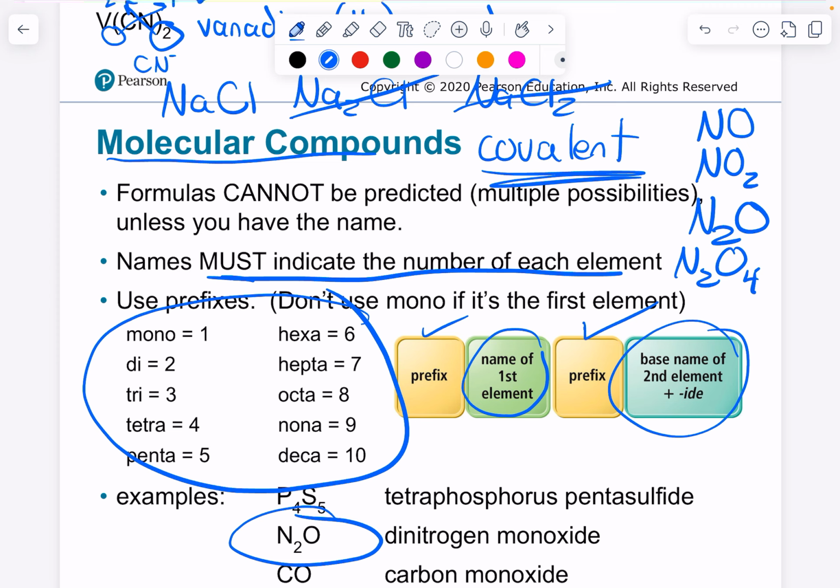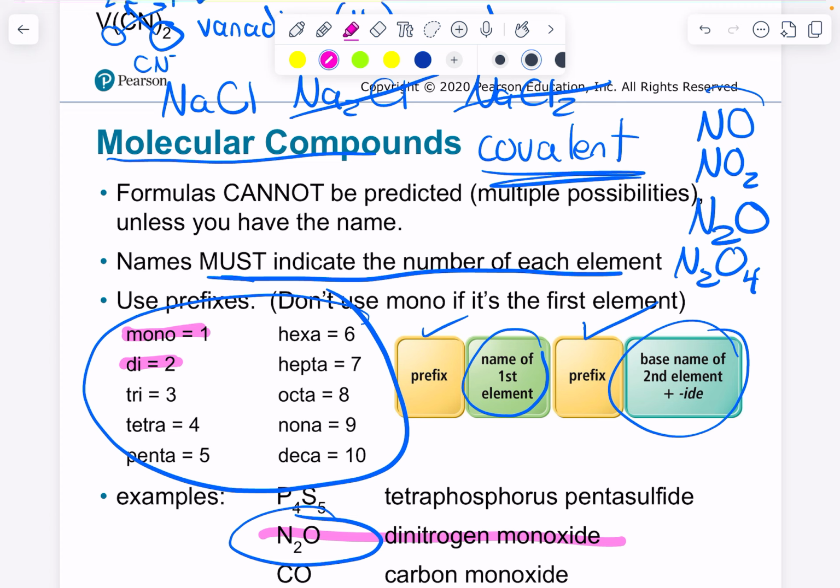So let's just do NO2, this one here that I have circled. Nitrogen, okay, but there's two of them, so I need to say dinitrogen, and then oxygen, there's one of them, so I say mono, and then I change the ending to "ide."